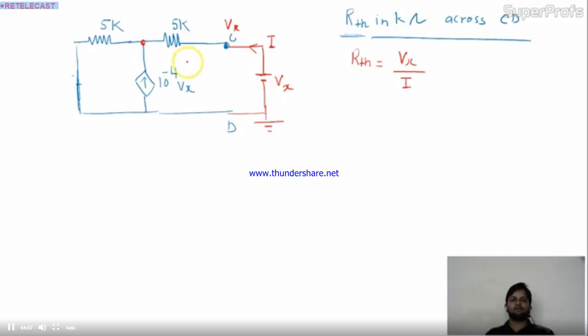Okay, fine. Now what will you apply here, tell me first. We'll assume the voltage across this node is V. Now I'll apply the node analysis at this V. So node analysis at V: V minus 0 divided by 5k, fine, upcoming current.